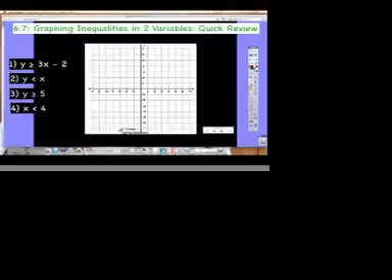Core concepts. And when you come show us this first one, make sure you use the... This is where you're supposed to graph, guys.